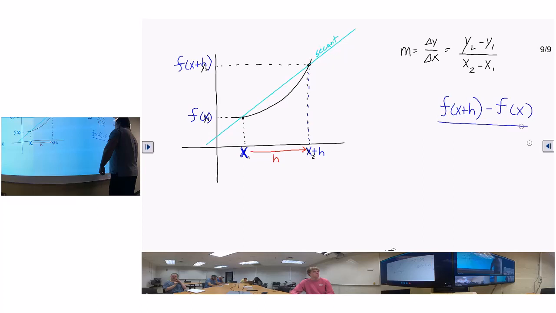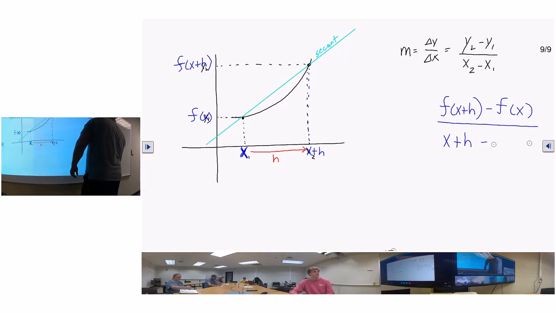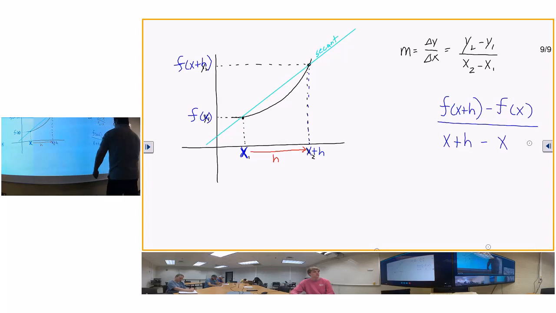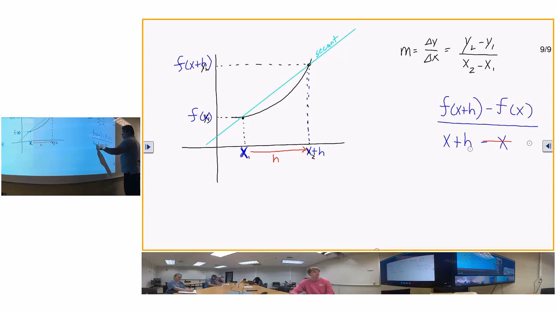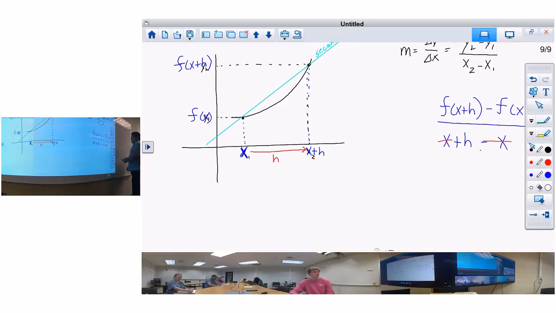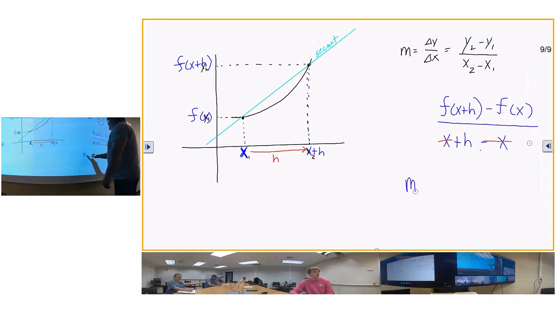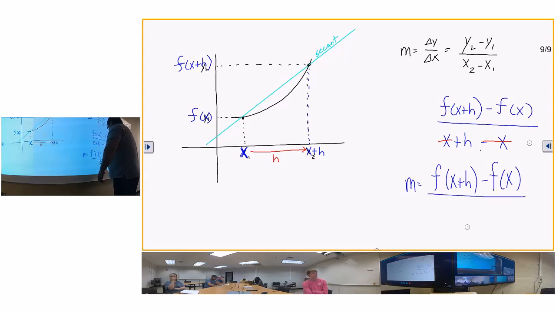Over what? h. X plus h minus x. And what happens to the x's on the bottom? So now we have the slope is equal to f of x plus h minus f of x, over h.